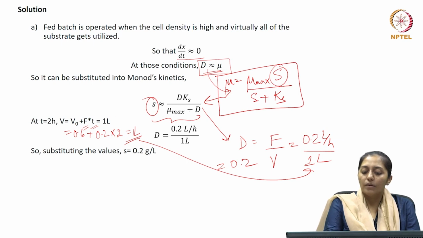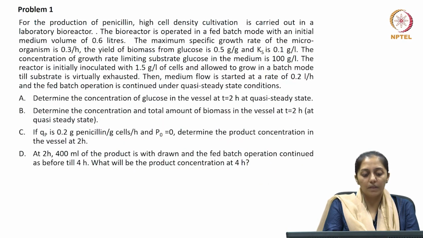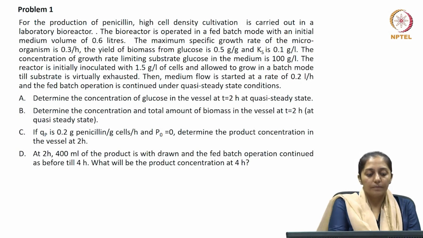We can find out using this expression. If you substitute the value of D, the steady state substrate concentration comes out to be 0.2 grams per liter, which is your answer of part 1.